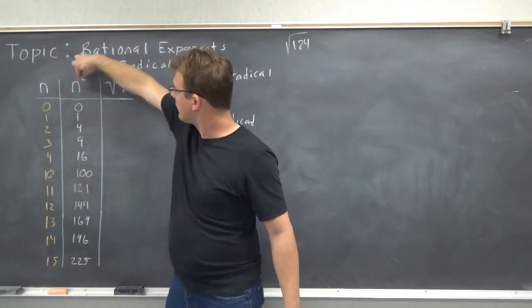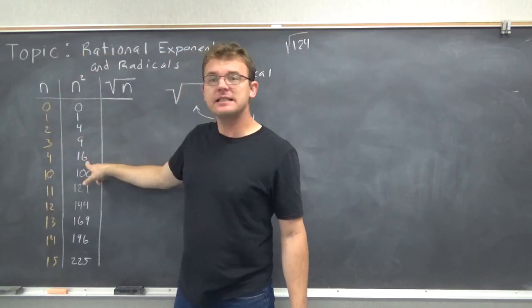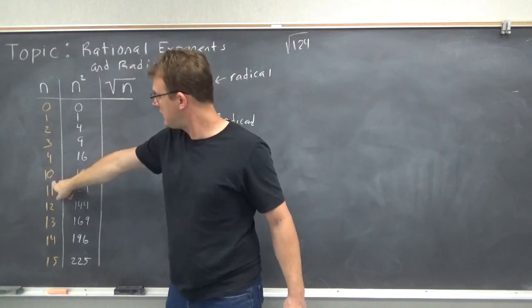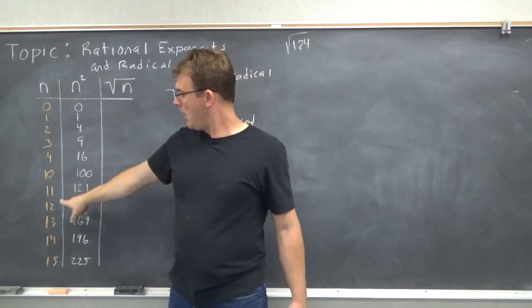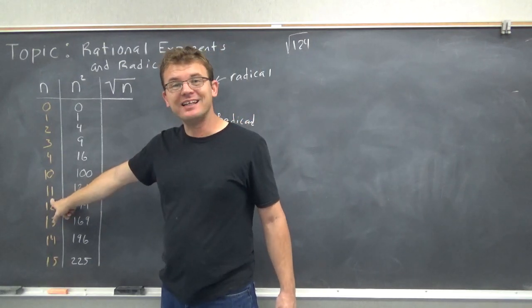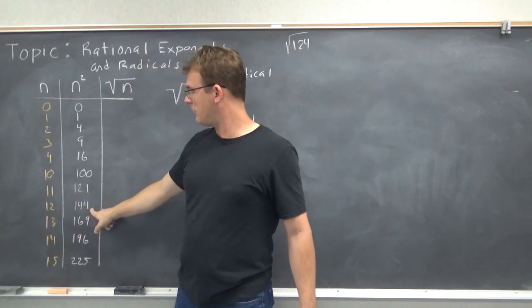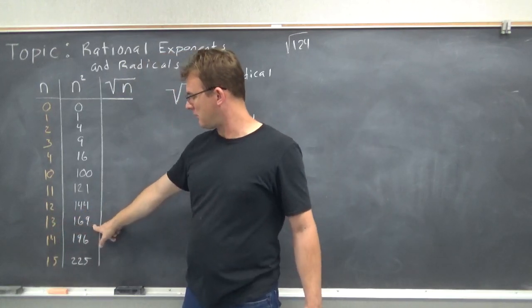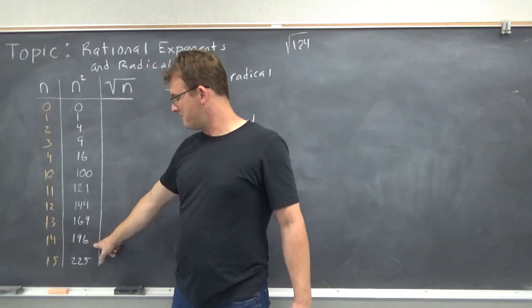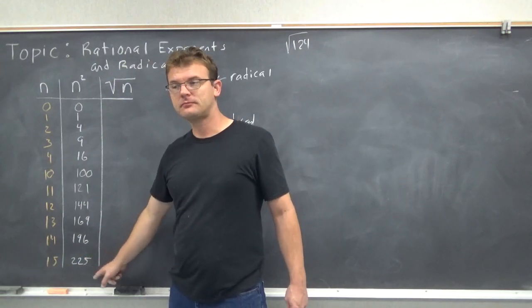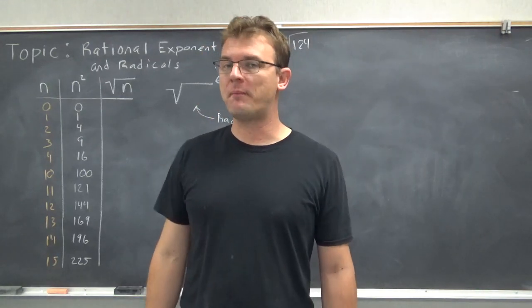What's 4 times 4? 16. What's 10 times 10? 100. What's 11 times 11? 121. 12 times 12. 13 times 13. 14 times 14. 15 times 15. So you should be able to know up to 15.